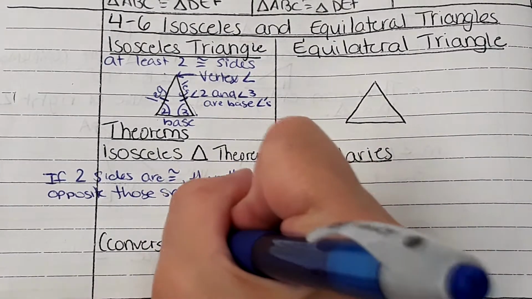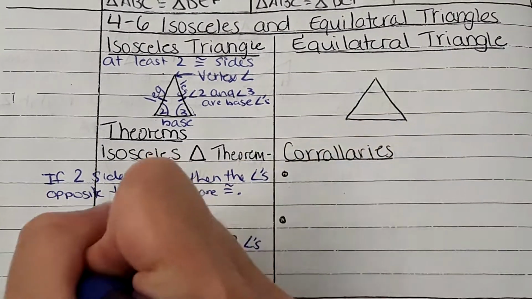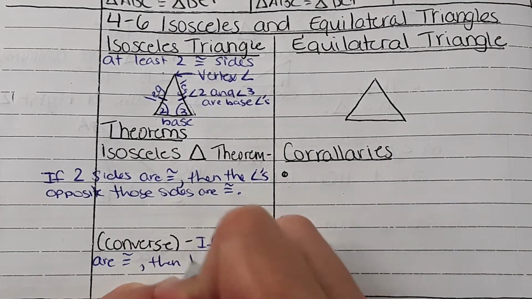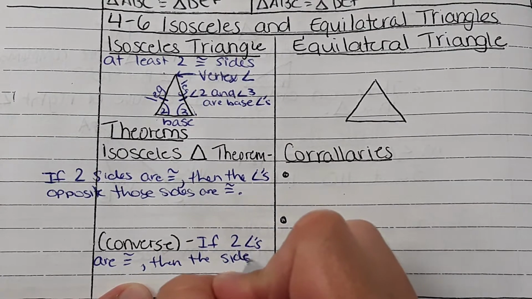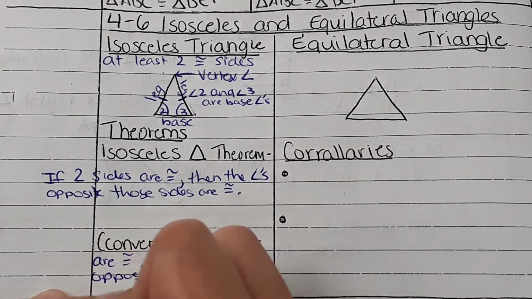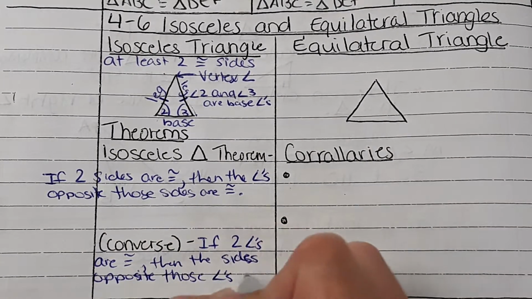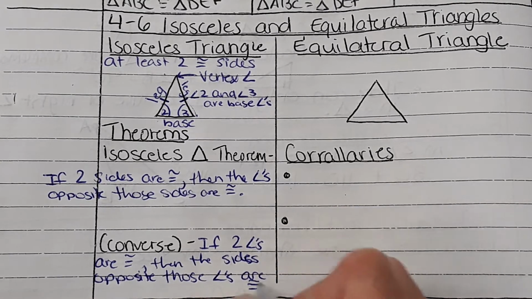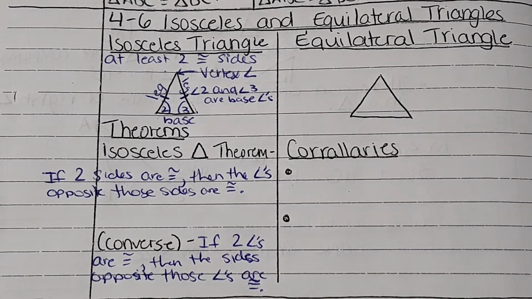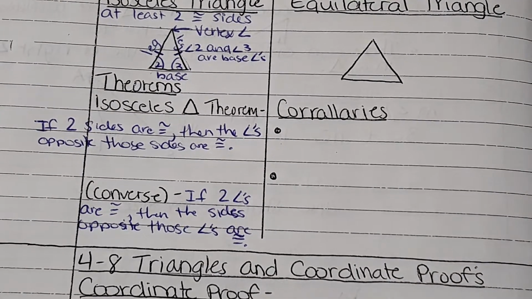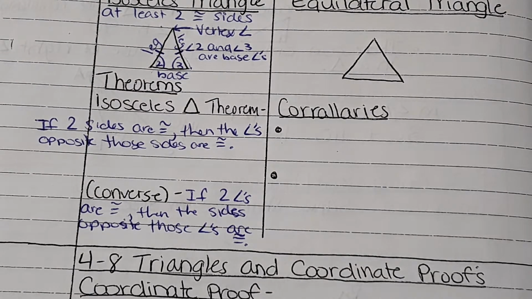So if two angles are congruent, then the sides opposite those angles are congruent. And that's the gist for isosceles triangles.